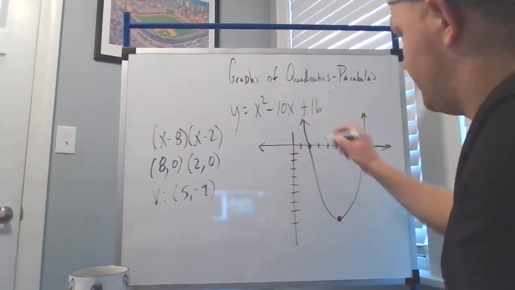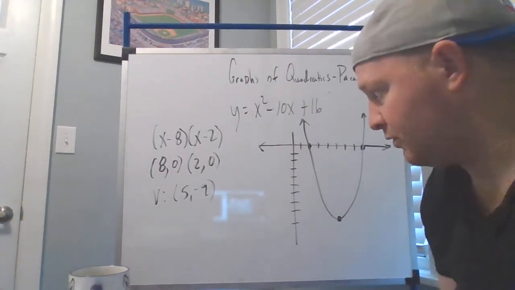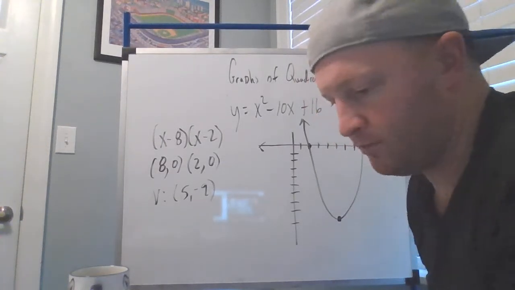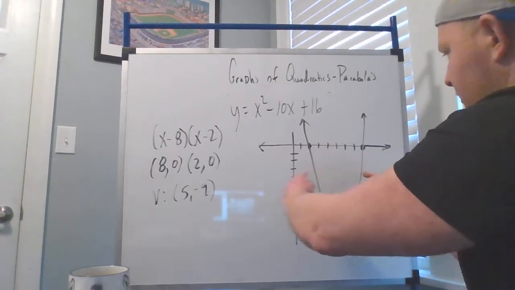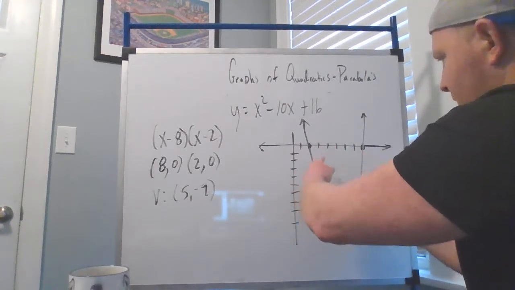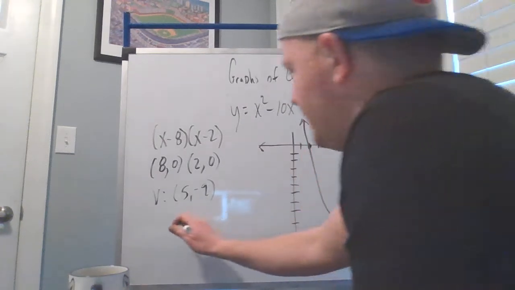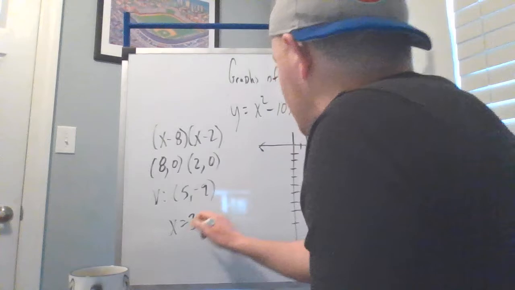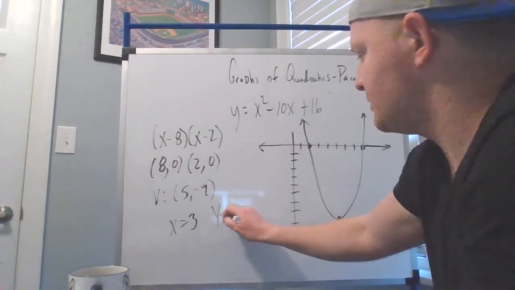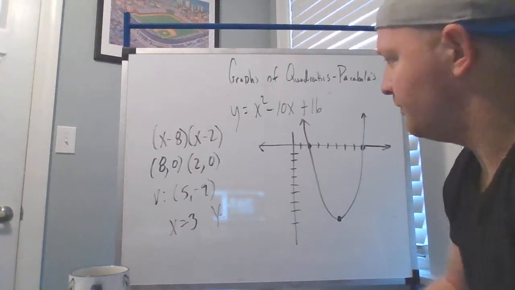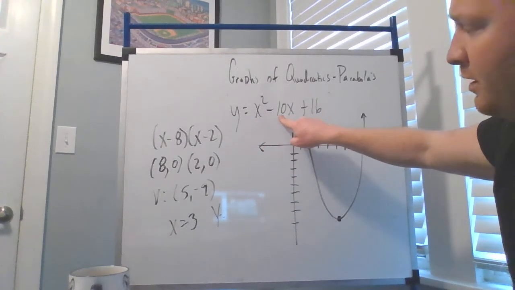There's ultimately no need to graph 5 points, but if you want to be meticulous, you can do that. I'm just going to pick a point in between here and try to solve. To make this easy, I'll pick 3. If x is equal to 3, I can use this equation, just a point test. I'll use mental math. 3 squared is 9. 9 minus 30 is negative 21.